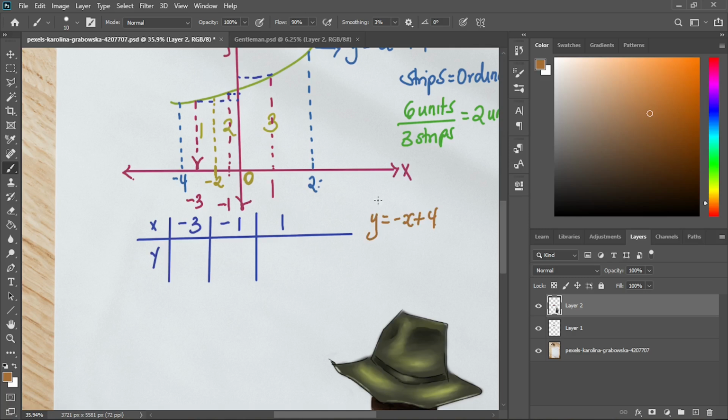When x is negative 3, it will be negative of negative 3 squared plus 4, and that will give us 7 (as the speaker states). Then we'll have negative of negative 1 squared plus 4, that will give us 5. And then negative of 1 squared plus 4, and that will give us 3. So these values, 7, 5, and 3, are what we are going to use as our ordinates.